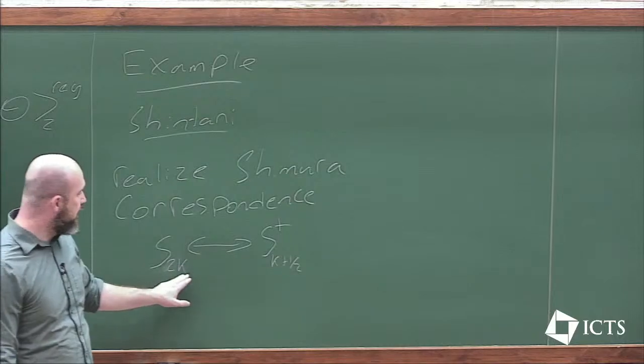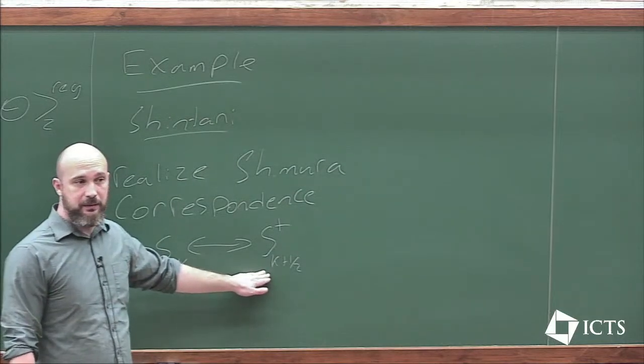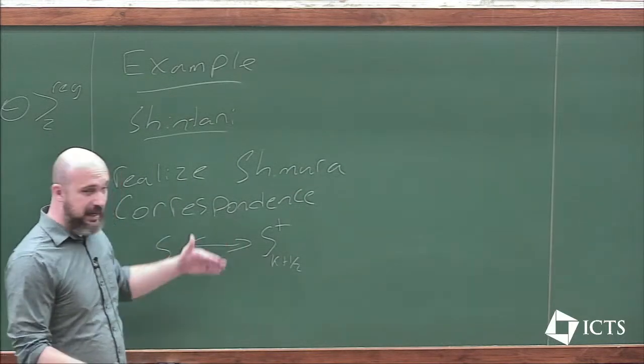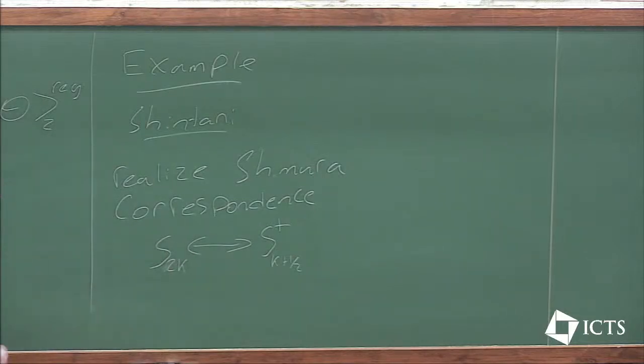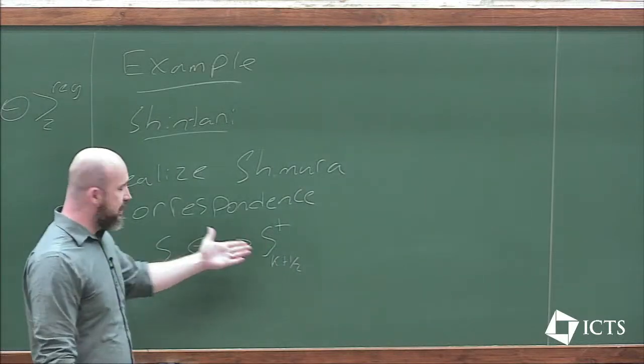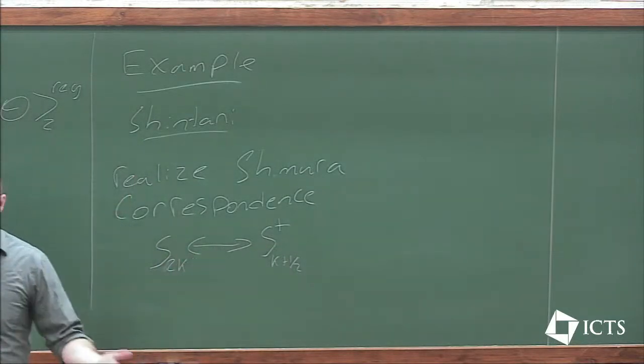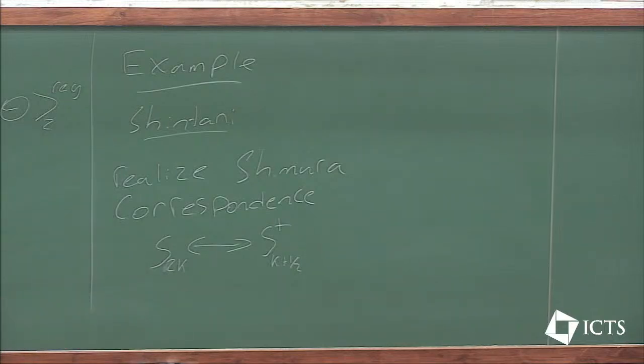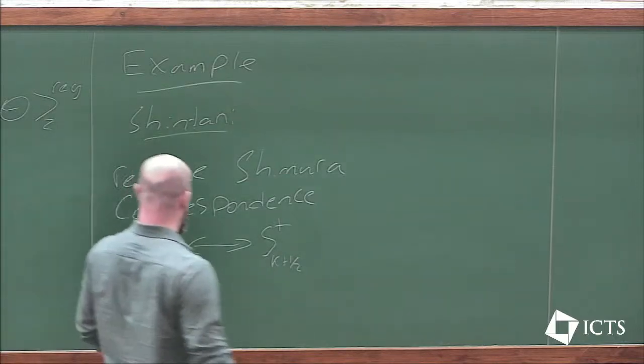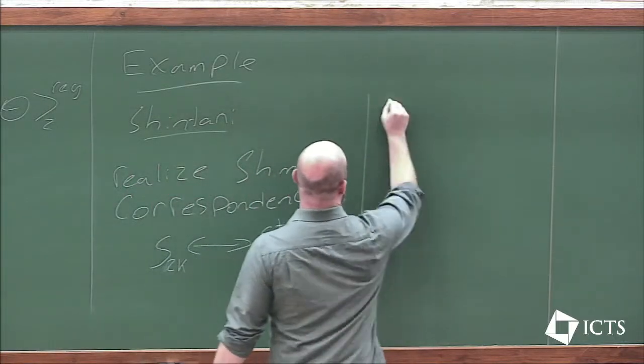Shimura showed that these are isomorphic with respect to the Hecke operators, as Hecke modules, and Shimura gave an explicit map. It's algebraic. It has to do with the coefficients of our forms. But we have an explicit map between these two things. Okay, so let me write these really quickly.